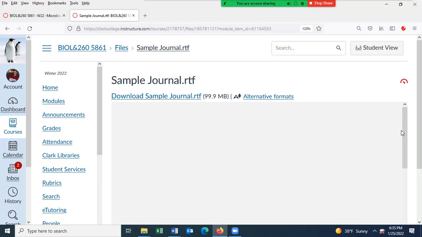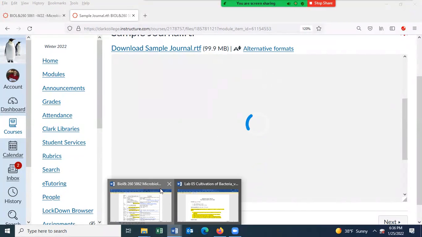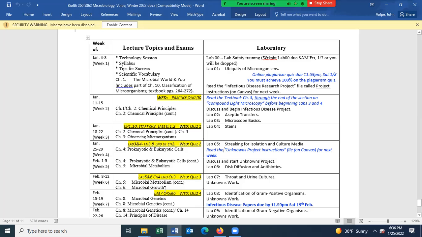It's not loading here, but that one you don't need to look at right away, but you'll want to look at it when you're writing your unknown report. You want it to look something like this. And this is taking a long time to load. Okay, any questions about any of that? So at least read the unknown project instructions file, which is on lab 5.